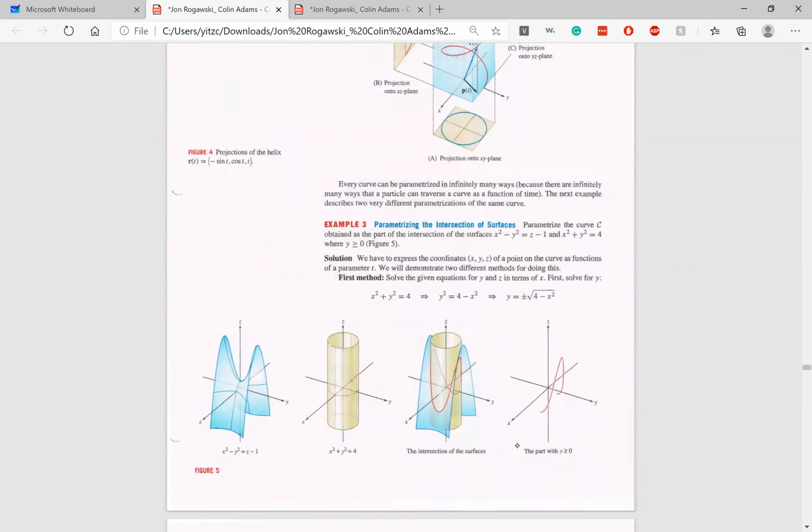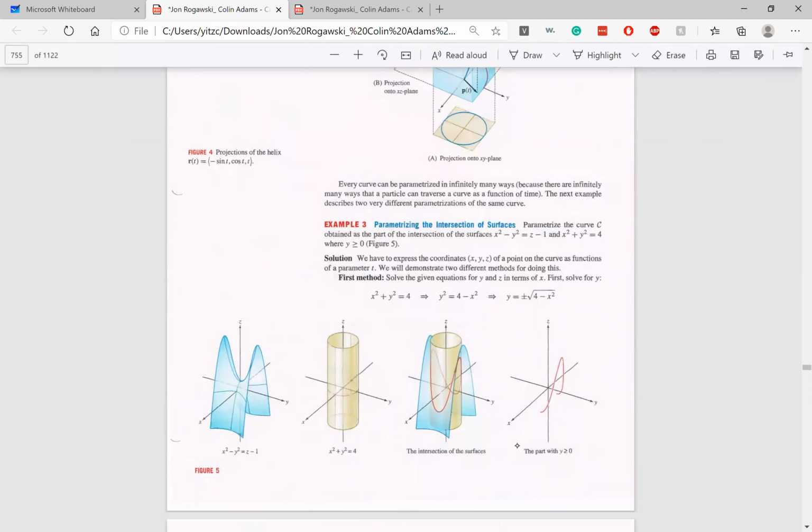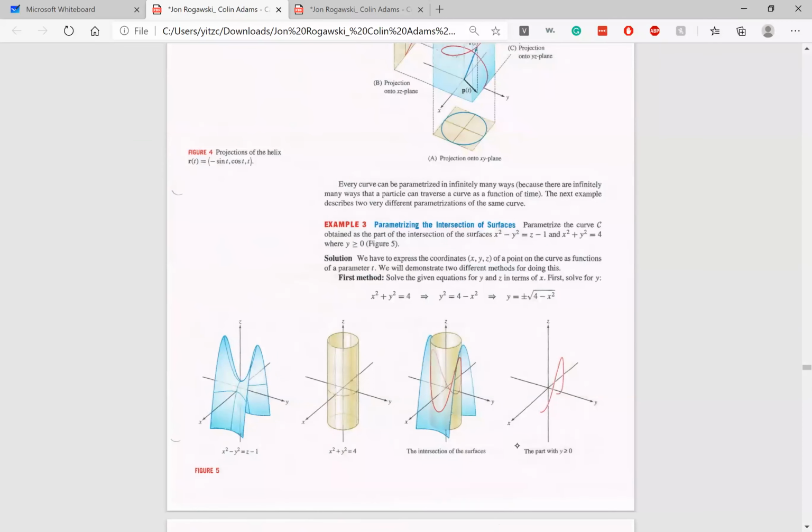Okay, so now they want us to parameterize the curve obtained as part of the intersection of this surface over here and the cylinder x squared plus y squared is equal to 4, where y is bigger or equal to 0.